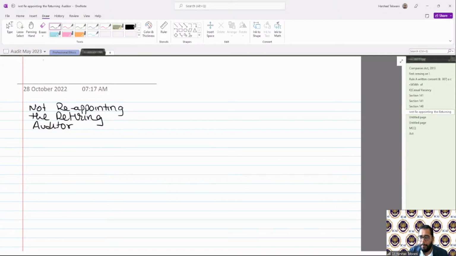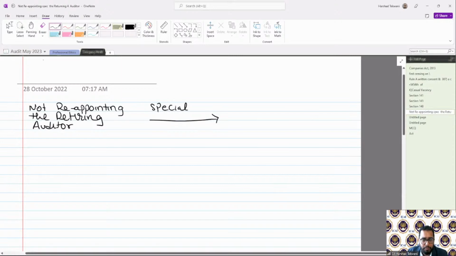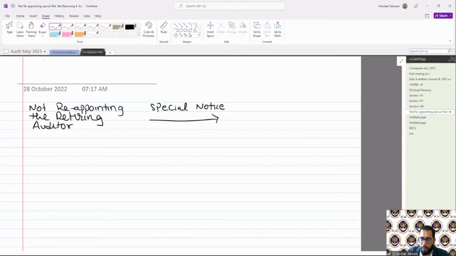So if you do not wish to reappoint the retiring auditor, what is the provision then? In that case, a special notice is required to be given for a resolution at the annual general meeting. So first you give a special notice.